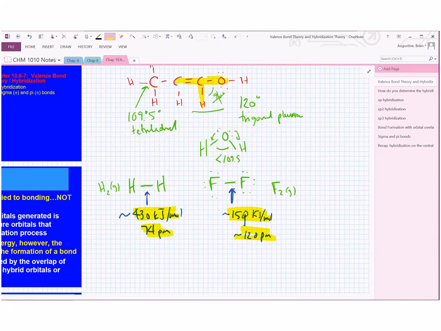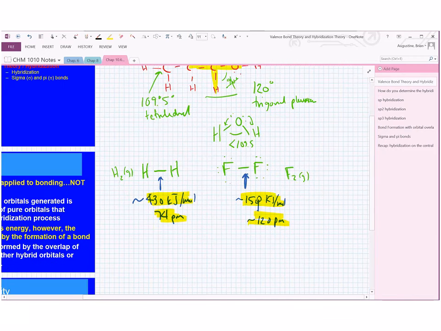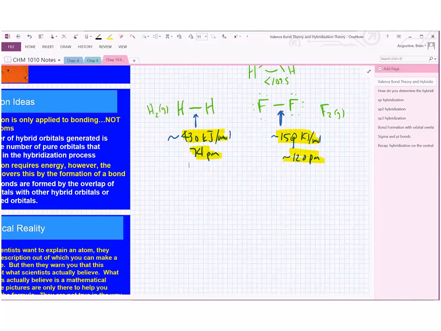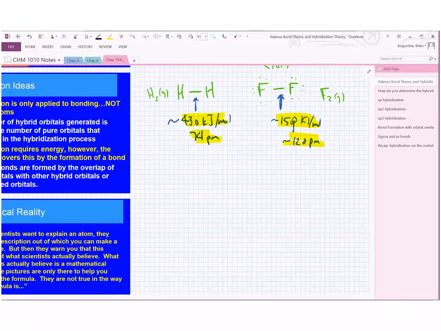All right, so let's think about what's going on here with the electrons. The idea behind valence bond theory is that a covalent bond is more stable by sharing electrons. So sharing electrons makes the molecule more stable, and the way it does that is by getting a filled shell configuration.